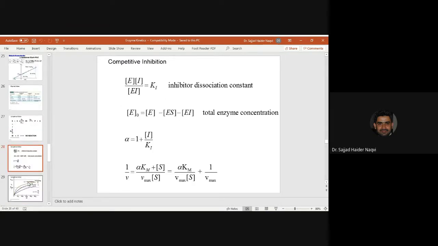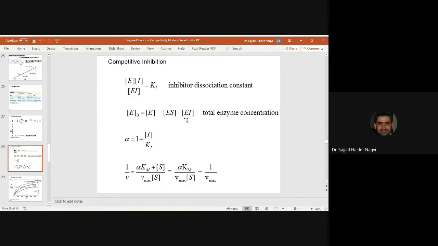So in the case of competitive inhibition, we say that the inhibitor dissociation constant will be KI, because if the enzyme is bound with the inhibitor, the dissociation constant for this will be called KI. Now the total enzyme is the enzyme minus the enzyme-substrate complex minus the enzyme-inhibitor complex, because there is some possibility that the inhibitor binds with the enzyme as well.